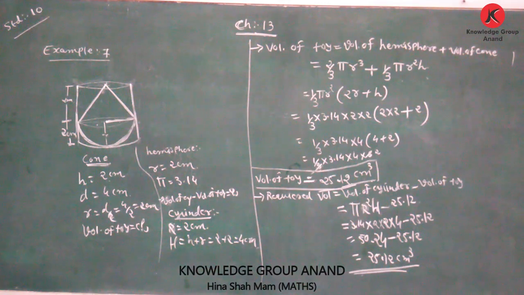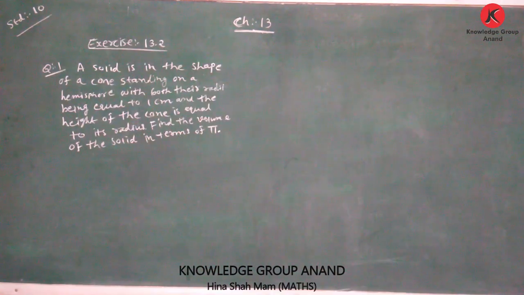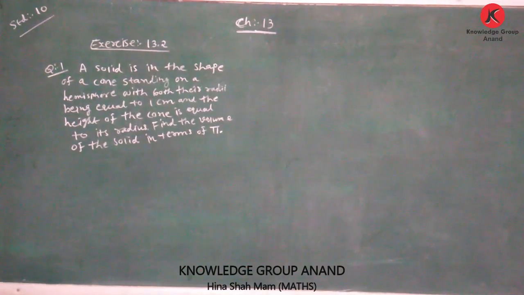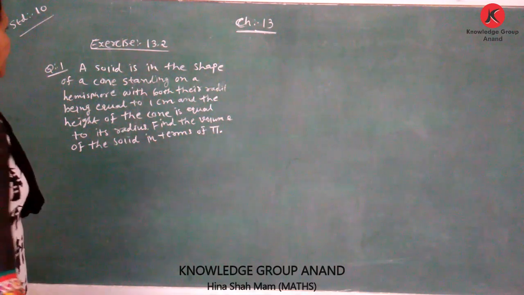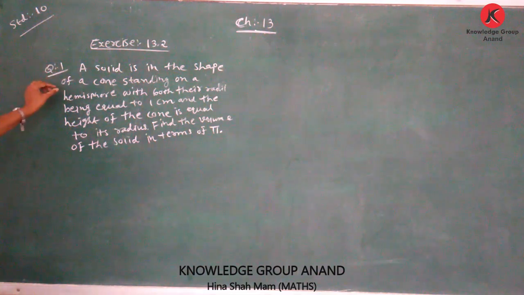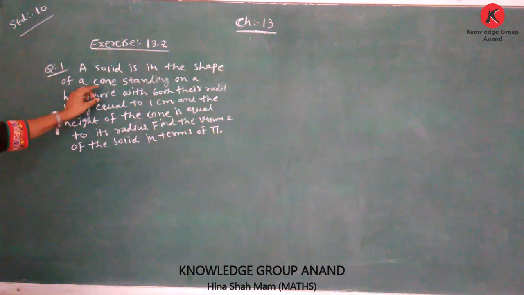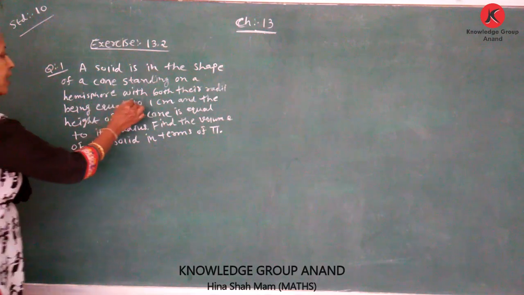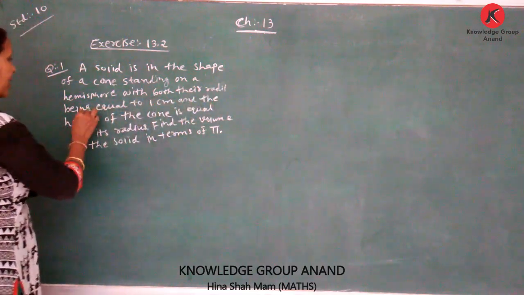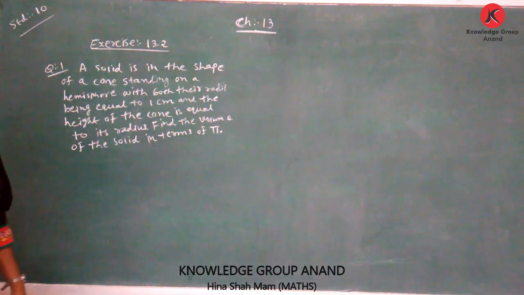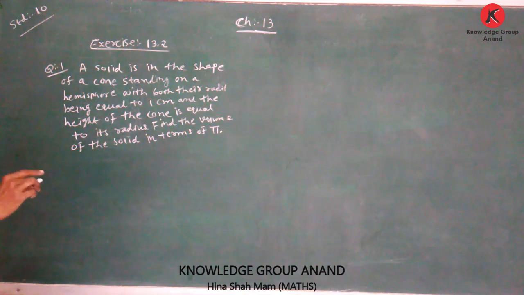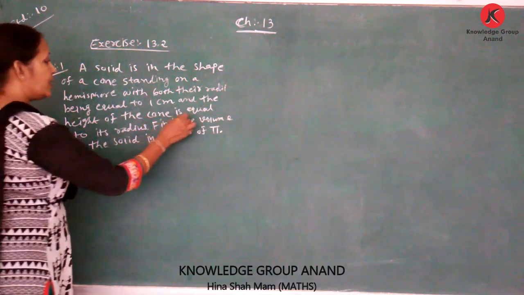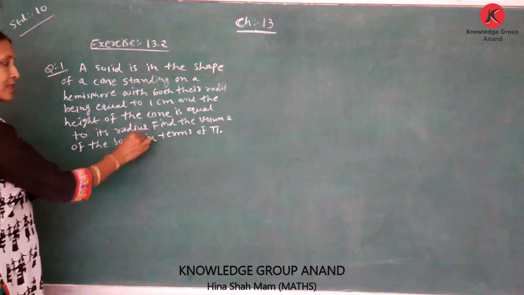Exercise 13.2, question number 1. A solid is in the shape of a cone standing on a hemisphere with both their radii being equal to 1 centimeter, and the height of the cone is equal to its radius.